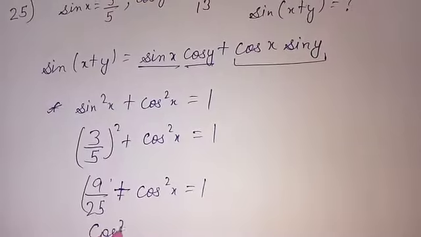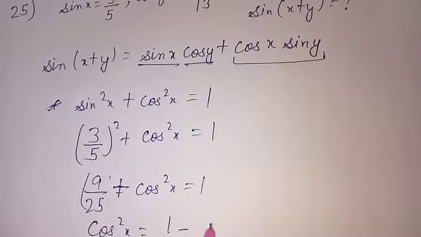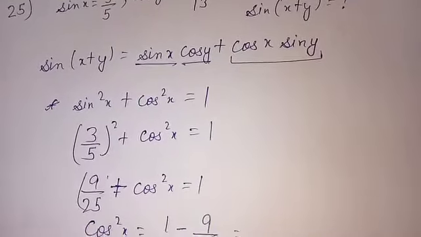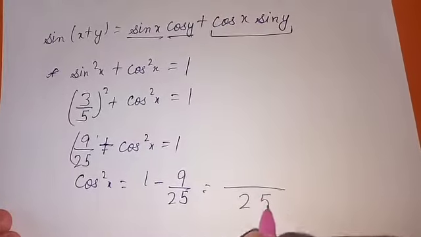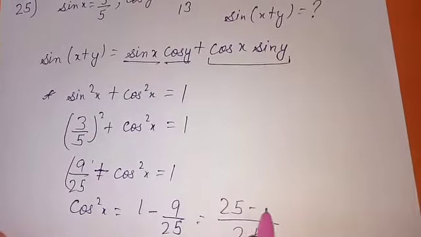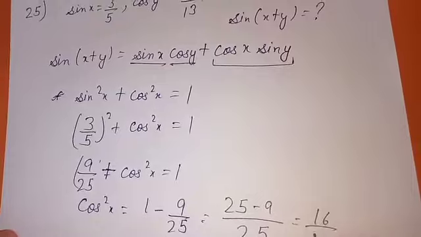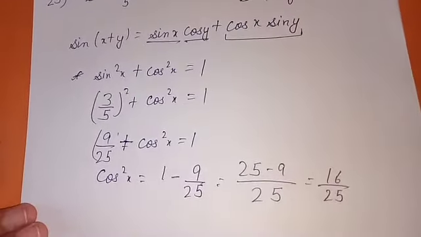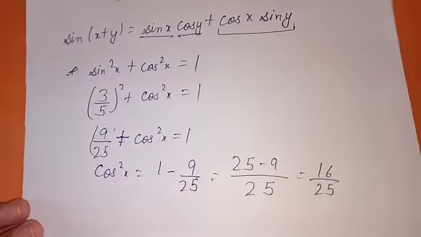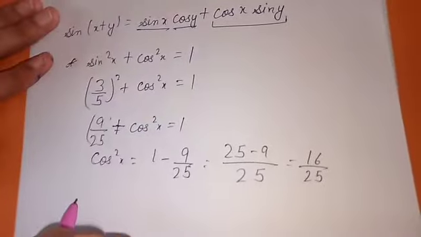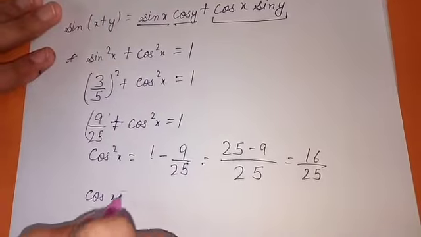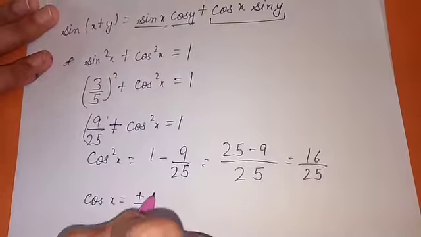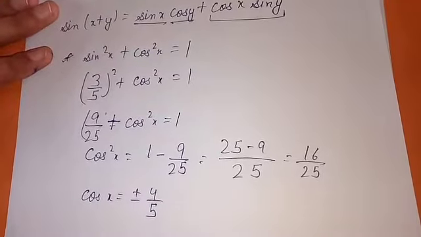So cos square x will be equal to 1 minus 9 by 25. 25 will be the LCM, so 25 minus 9, that is 16 by 25.